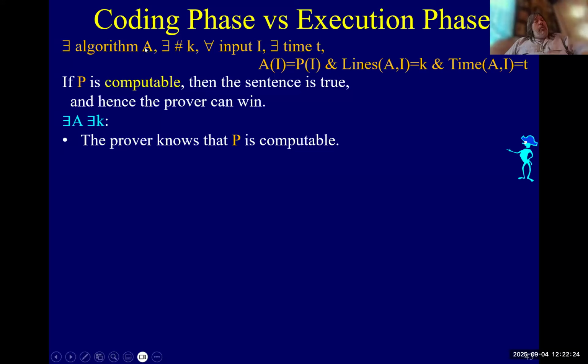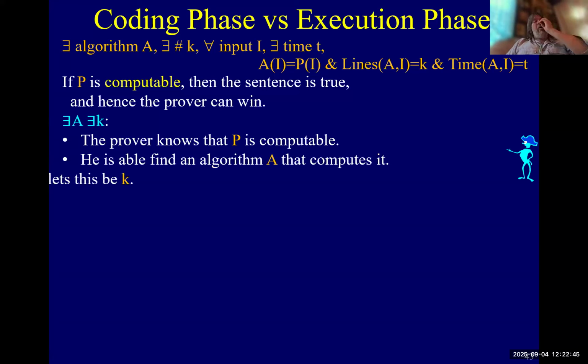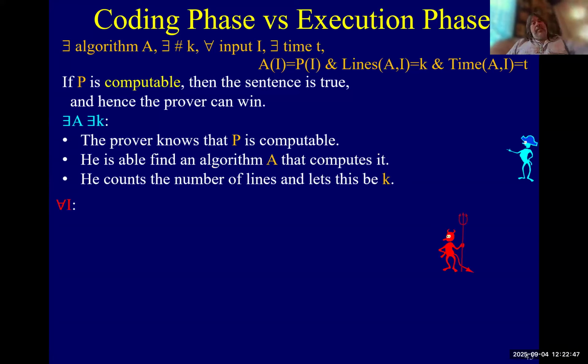The prover comes up with the exists, the adversary comes up with the for alls. So it says there exists an algorithm, there exists a K. P is a free variable, so everybody knows P. The prover comes up with the algorithm, comes up with the number of lines of code, and that's happy.